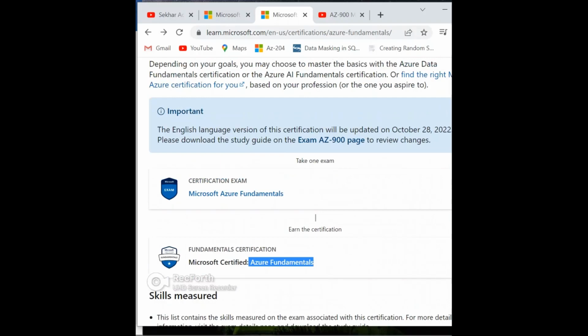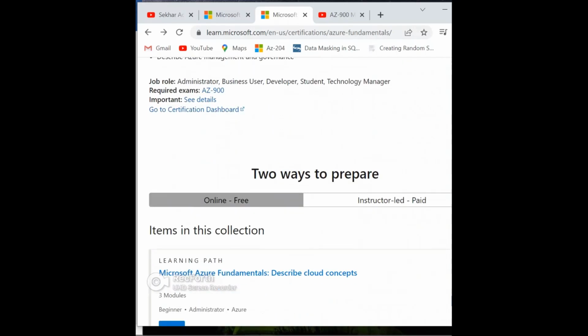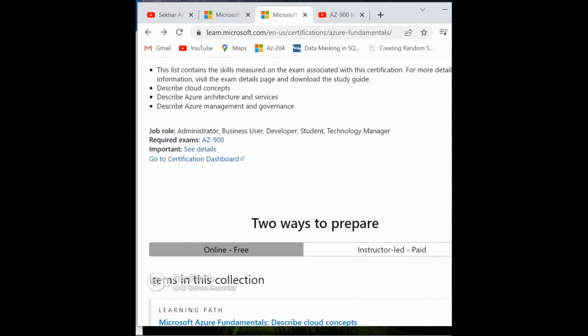The Azure Fundamentals certification exam is an opportunity to prove knowledge of cloud concepts, Azure services, Azure workloads, security, privacy, Azure pricing, and support in Azure.